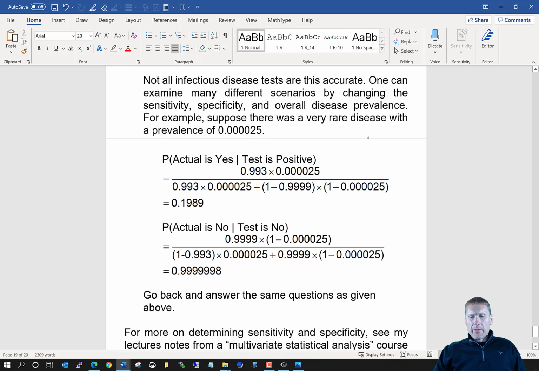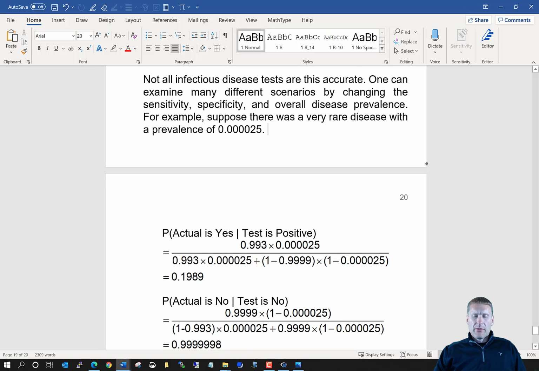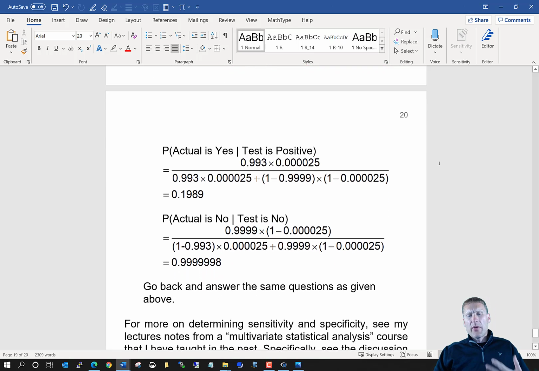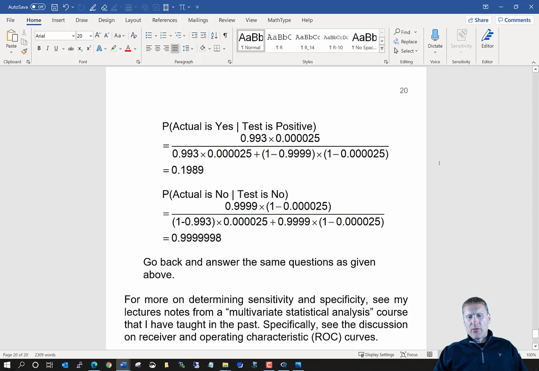Now, let me also get that back. Let's look at a different scenario. Suppose there's a very rare disease out there. So now the probability is 0.00025 of actual yes. What happens now to these positive predictive values, these negative predictive values? Positive predictive value, look at that.